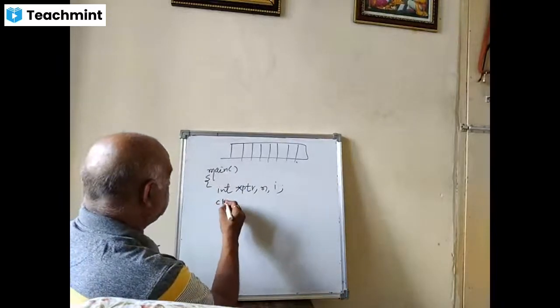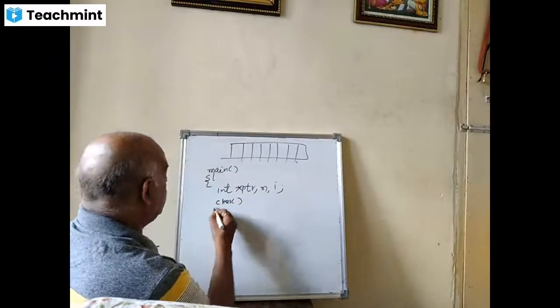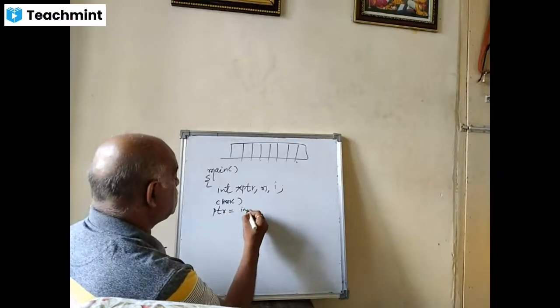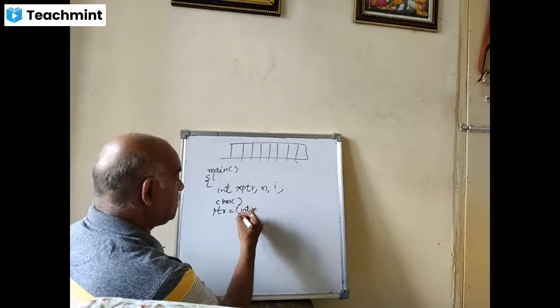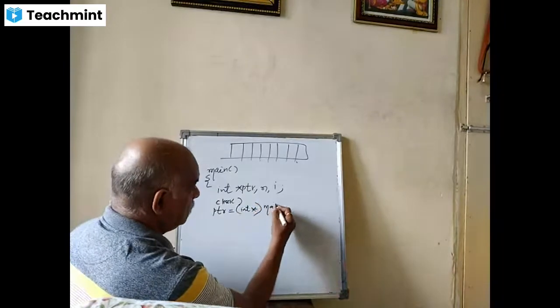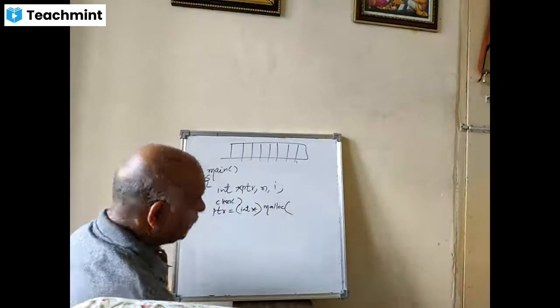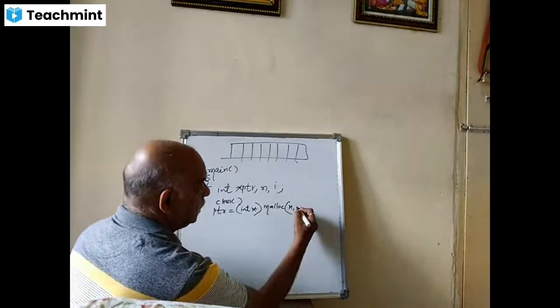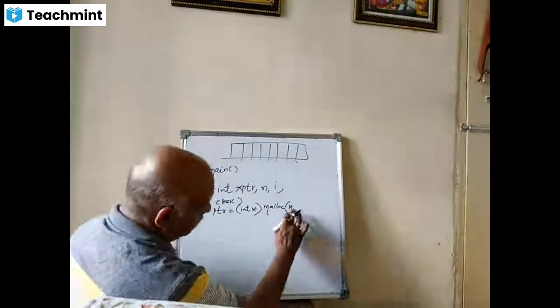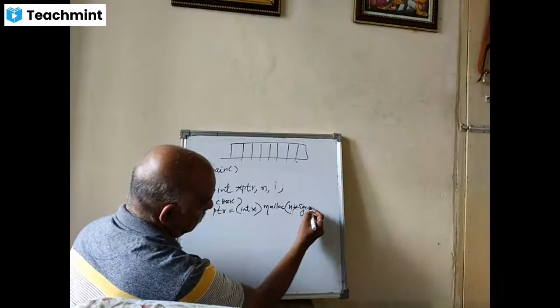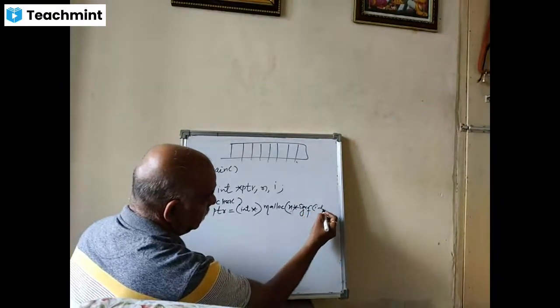So clear screen. So here PTR is equal to int star. This is dynamic memory allocation. malloc, now you have to give the size here: n into size of int.